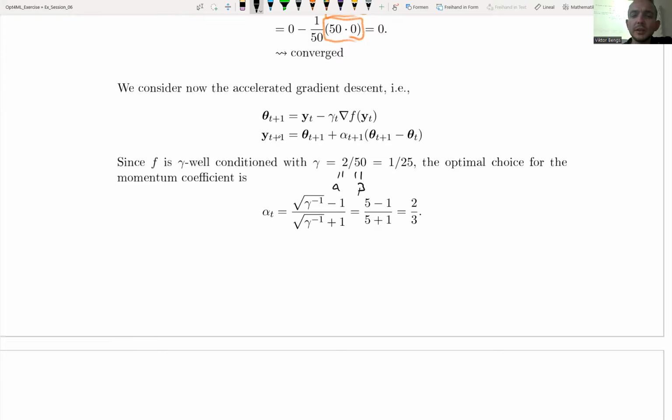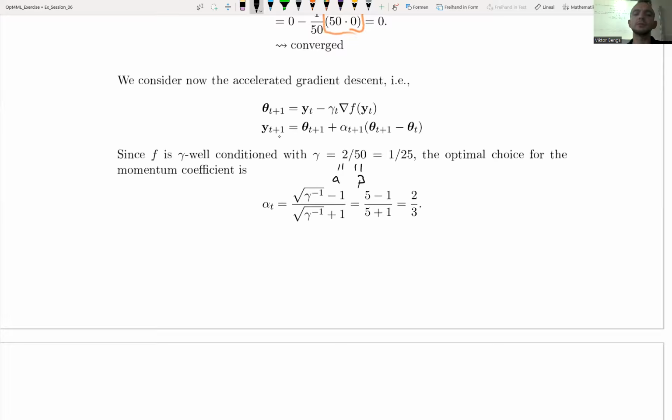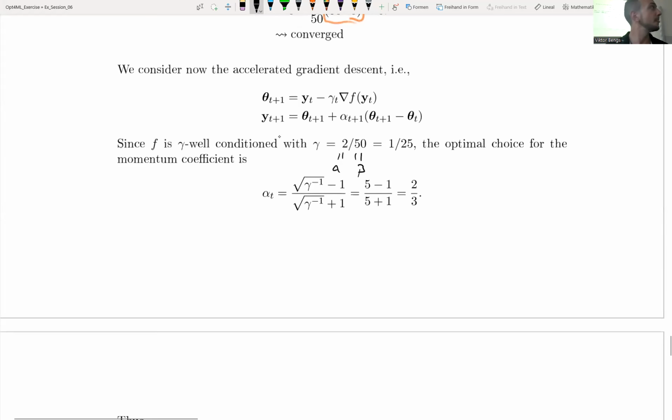In the lecture, I made the announcement that there was a bug, the inverse was missing. Otherwise, you would have a negative momentum coefficient, which is strange, of course. But now, if we do the inverse, we get the right value. The square root of 25 is 5. Here and here, you get as a momentum coefficient 2/3. 4 divided by 6 is 2/3.